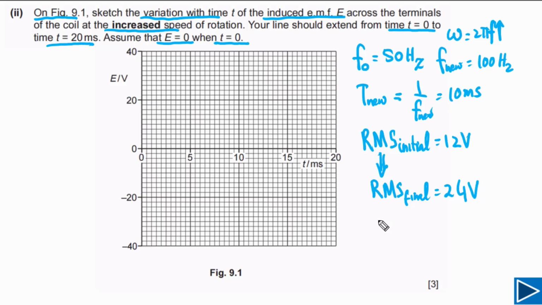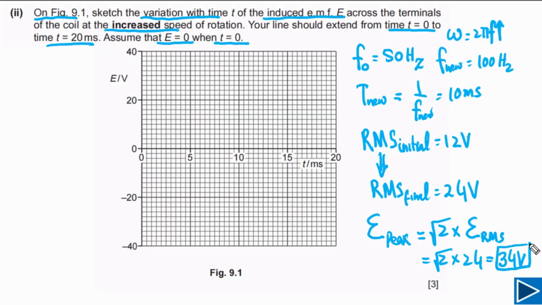From here we can find the peak value of EMF. So we can say E peak will be equal to root of 2 times the RMS value of EMF. So this is root of 2 multiplied by 24. This is the RMS value of EMF, and this is the peak value of EMF.